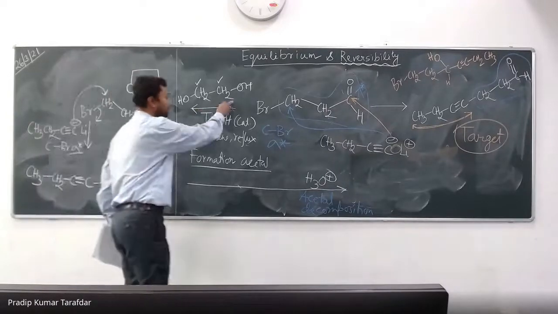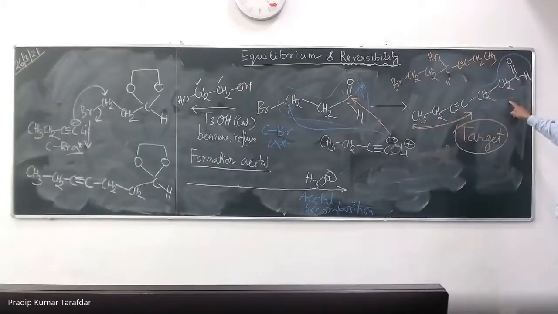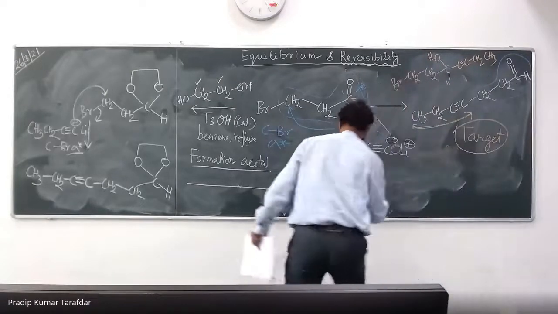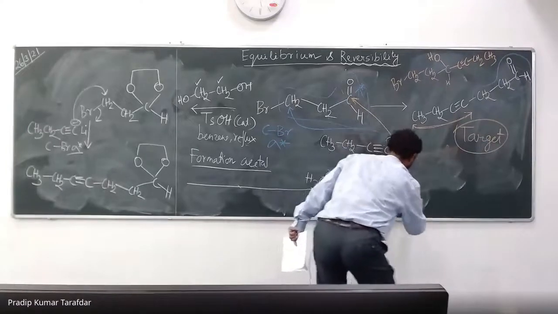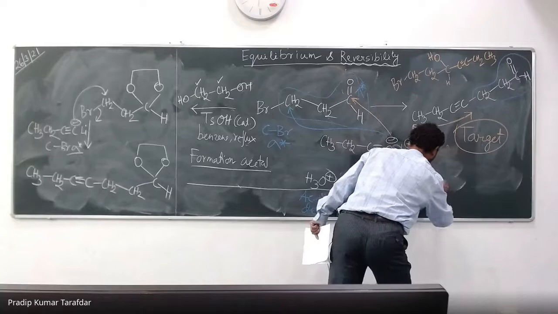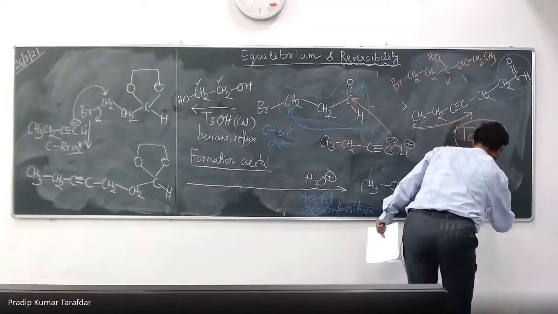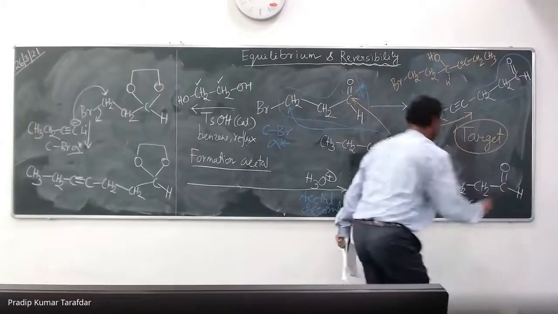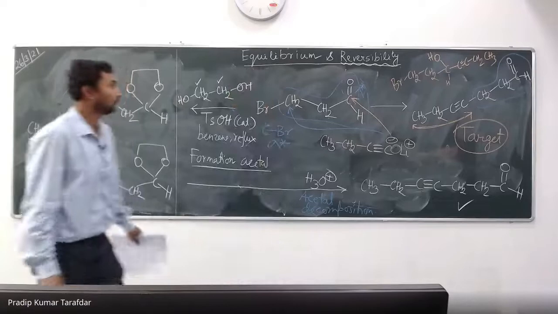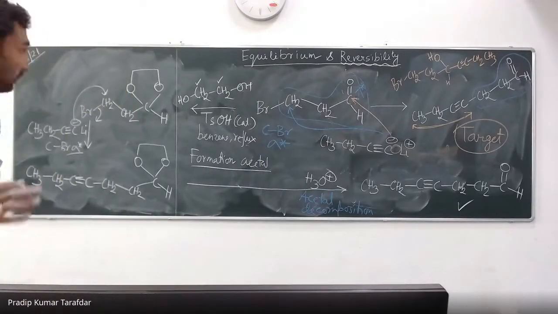So I should get this alcohol and this aldehyde. So this is my strategy. This is the beauty of acetal chemistry. So this is the molecule you are getting. Is it fully understandable, the acetal chemistry?